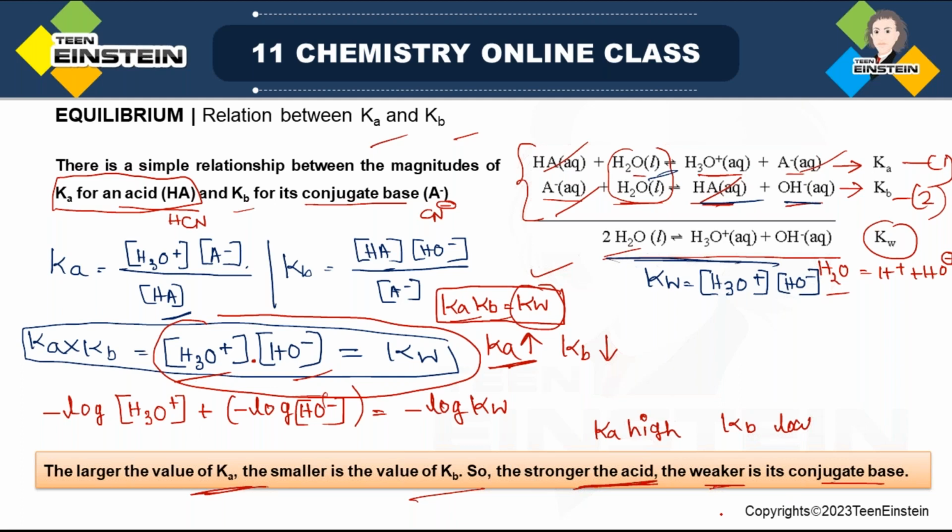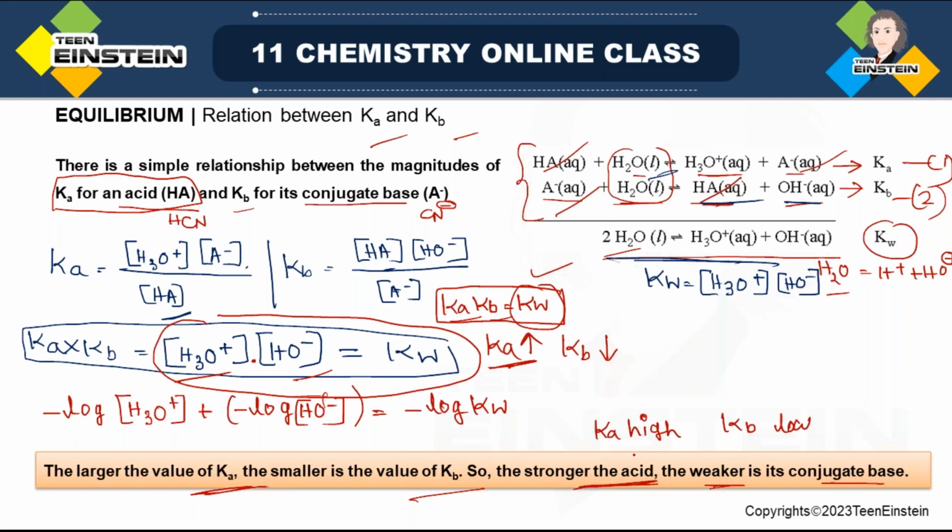This conclusion we have already seen previously, but now you can also prove it from this relationship, because the product of these two is fixed. If Ka is increasing and has a very high value, obviously Kb will be low. That is why we can draw the conclusion: the stronger the acid, the weaker its conjugate base.